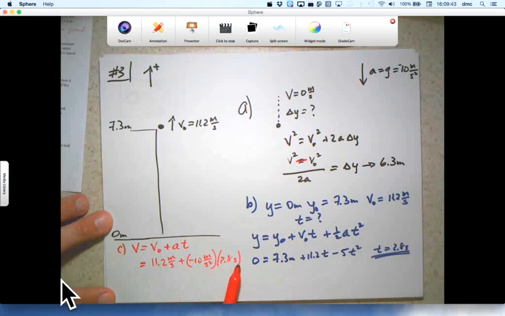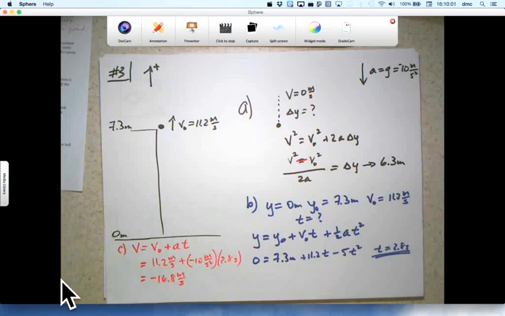And notice seconds times meters per second squared, this result will be negative 28 meters per second, added to 11.2 meters per second, yields an answer of negative 16.8 meters per second, and the negative connotes that it is downward, which makes sense. And so that's how we do the third problem.